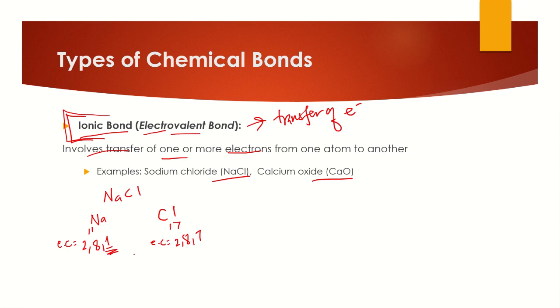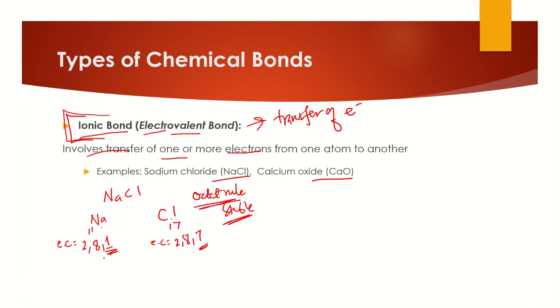So if you notice, the valence electrons for sodium and chlorine are 1 and 7 respectively, and they are not stable since they will follow octet rule. So sodium needs to acquire 8 valence electrons, and chlorine needs to acquire 8 valence electrons, to become stable.